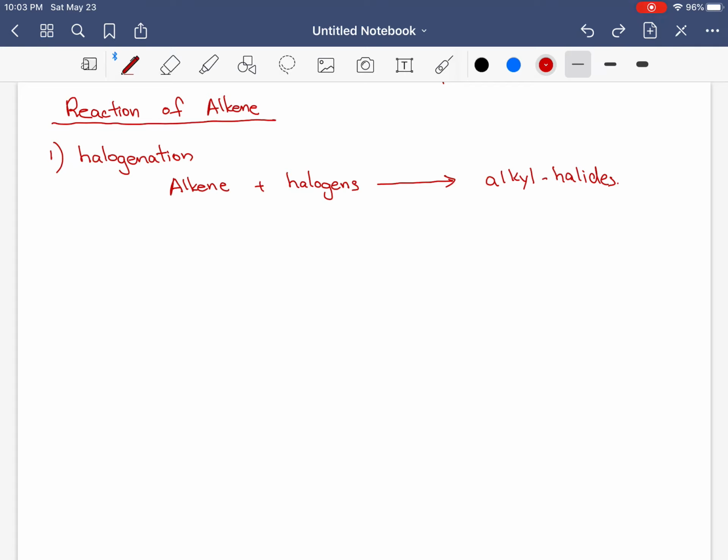So let me just show you an example here. I have ethene. Okay, the simplest alkene. And I'm going to react that with F2. Okay, let me stress the F2.